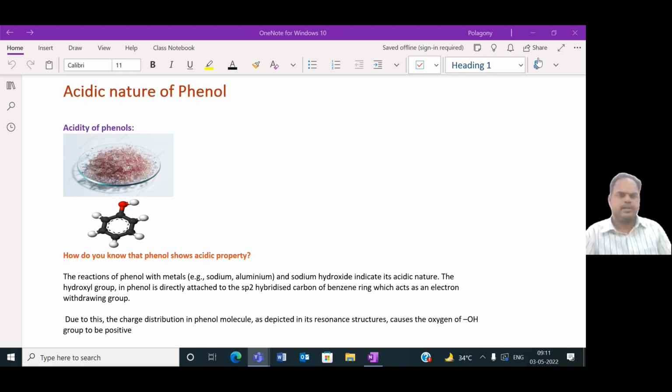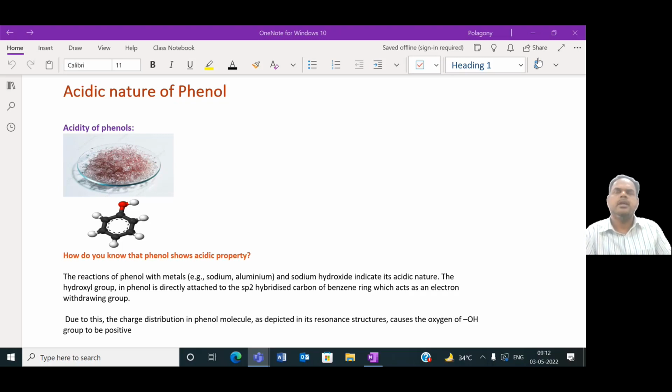So first of all, does phenol exhibit acidic nature? Absolutely yes, it can exhibit acidic nature. Then how do we know that phenol has acidic property?